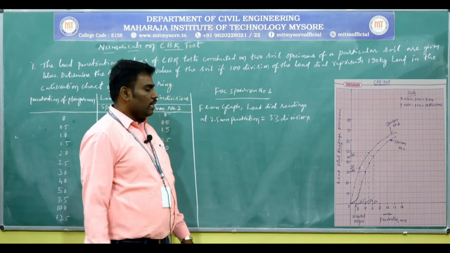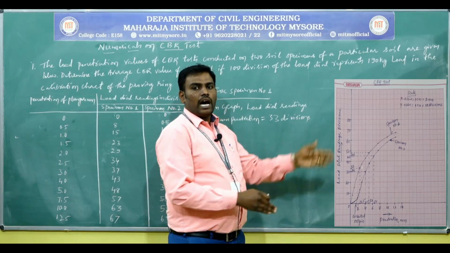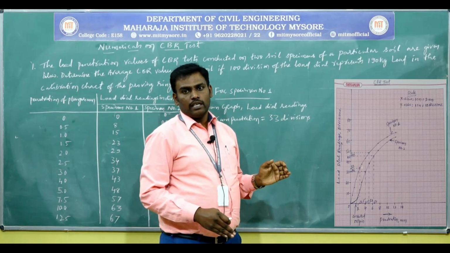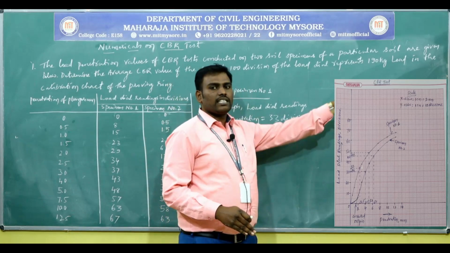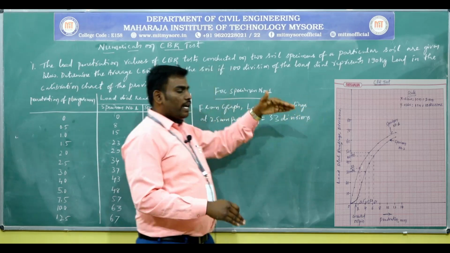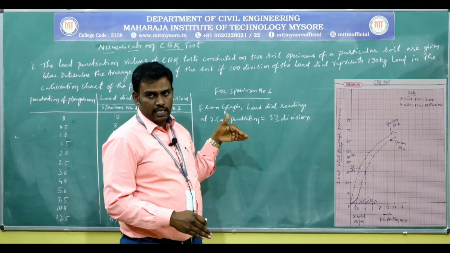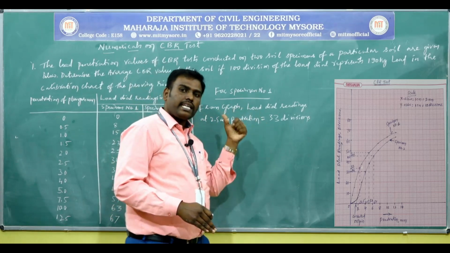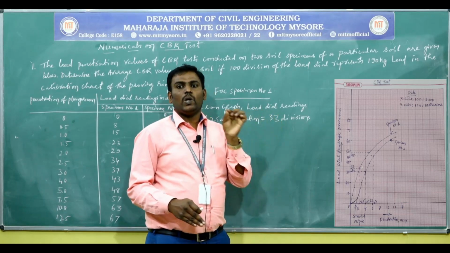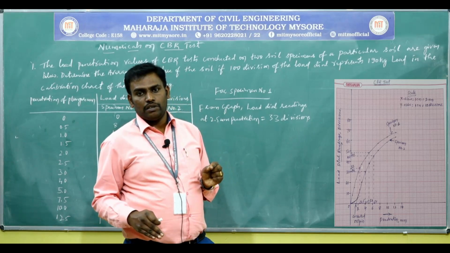What you are going to do is, in the x-axis for the 2.5 mm penetration, draw a vertical line parallel to the y-axis which touches the specimen number 1 curve. From that point draw a horizontal line parallel to the x-axis that intersects the y-axis at a certain point; that is the load dial reading corresponding to 2.5 mm penetration.